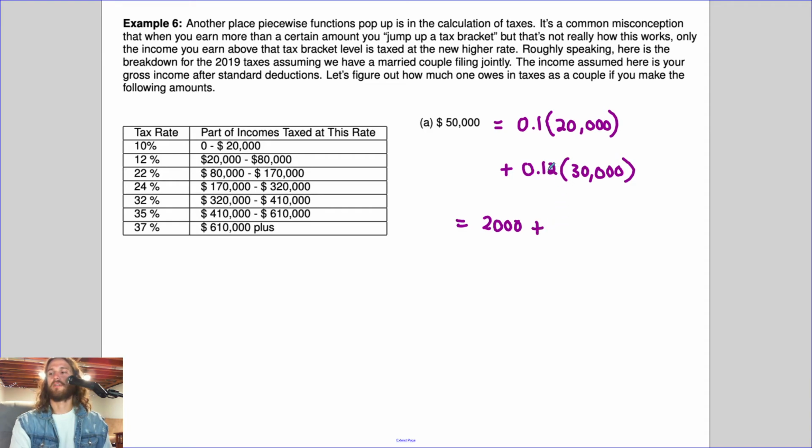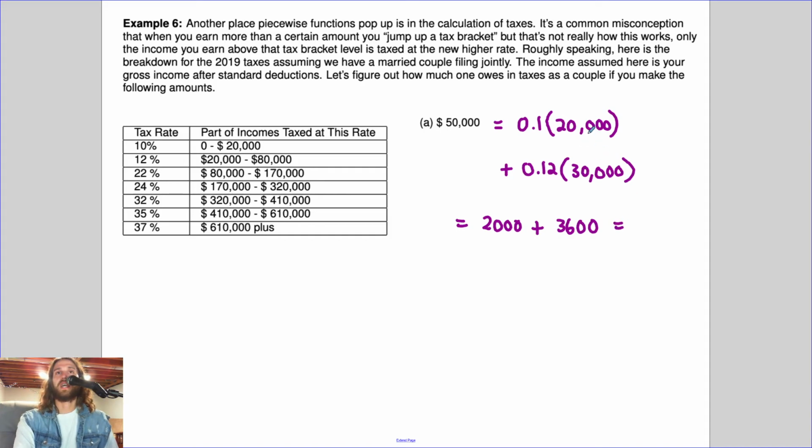Do mental math. 10% would be 3,000, plus 300 doubled, 600. Look at that, folks. I can maths.